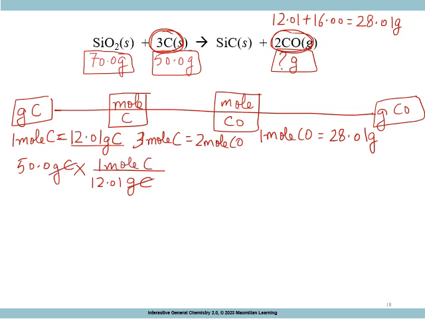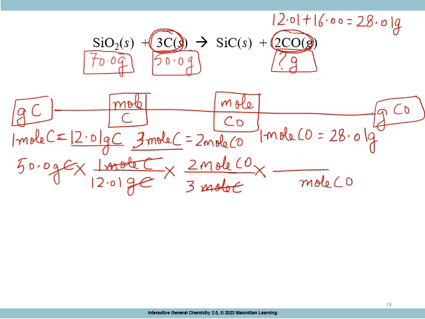Grams of carbon gone. Now my starting unit is moles of carbon, so moles of carbon should go in the bottom. How many? 2 moles of carbon monoxide goes on top. Moles of carbon gone. Now I multiply with another factor coming from this last conversion factor. Because my starting unit is moles of CO, it goes in the bottom, and grams of CO goes on top.